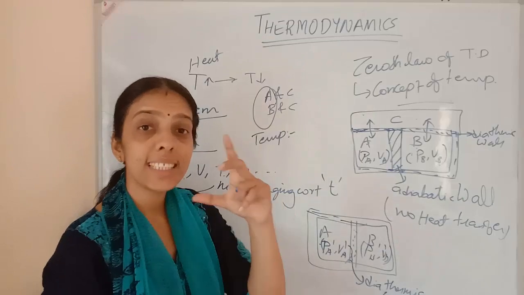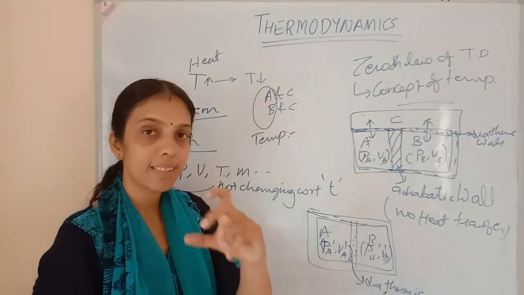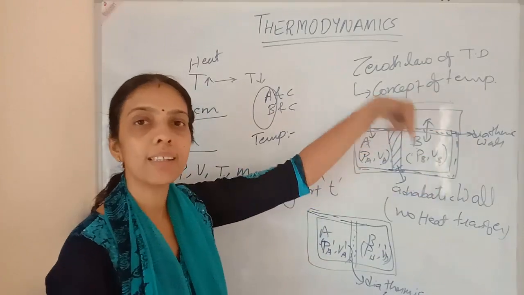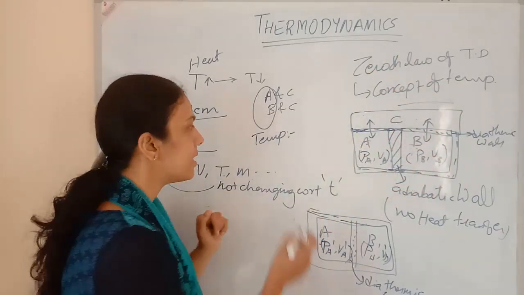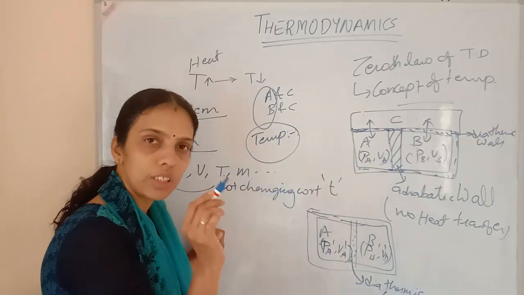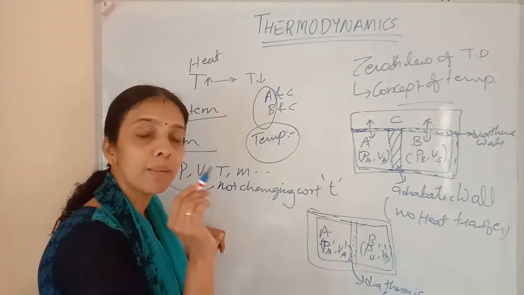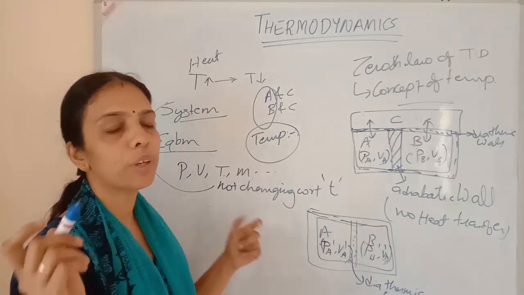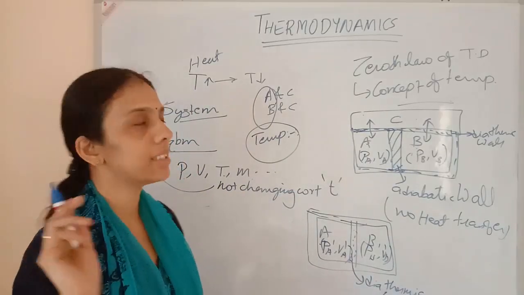The quantity temperature determines whether A and C are in thermal equilibrium, or B and C are in thermal equilibrium, isn't it? So temperature is a quantity which determines whether the systems are in thermal equilibrium or not. Like that we can define temperature.